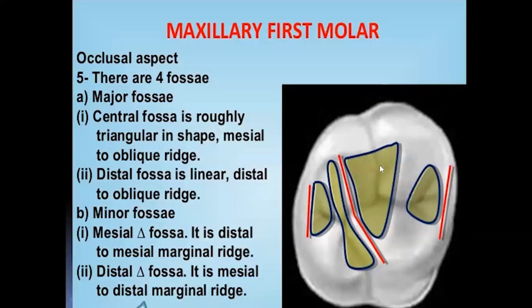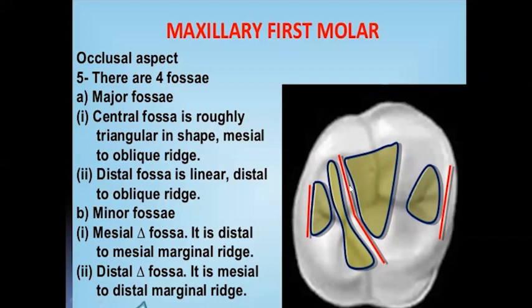This is the central fossa. There are four fossas: two major fossas and two minor fossas. The major fossas are the central fossa and the distal fossa. The minor fossas are the mesial triangular fossa and the distal triangular fossa. The central fossa is roughly triangular in shape, mesial to the oblique ridge.